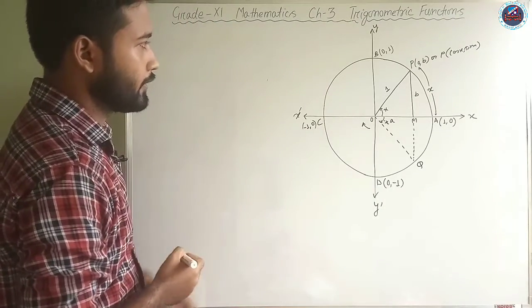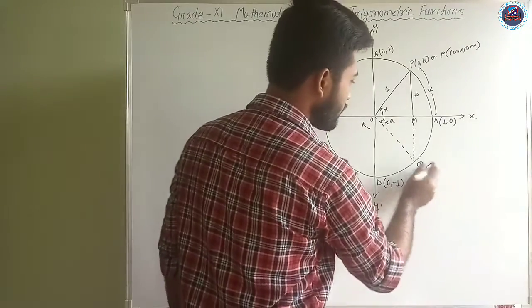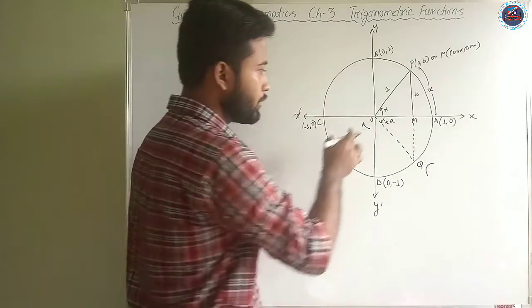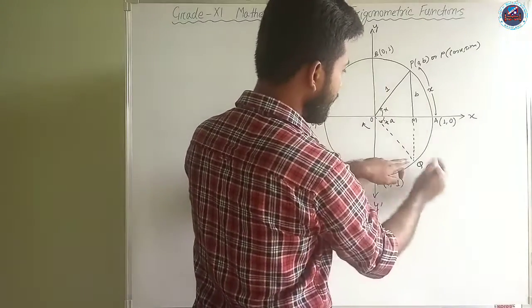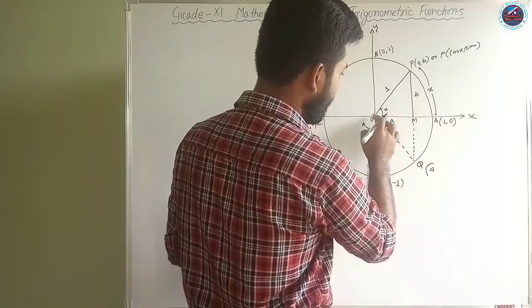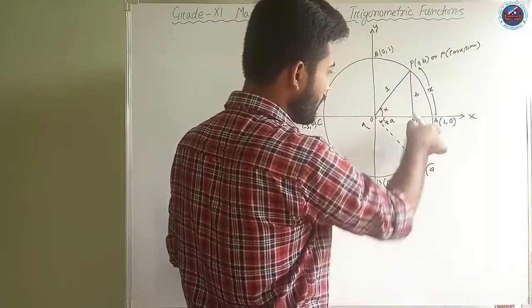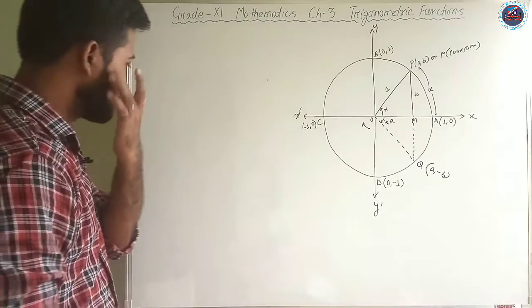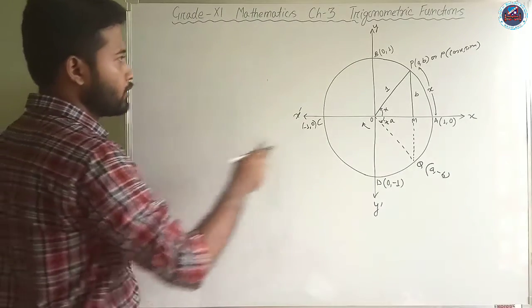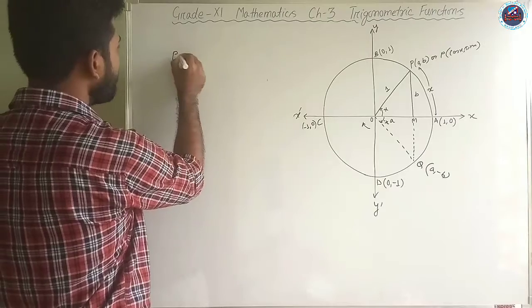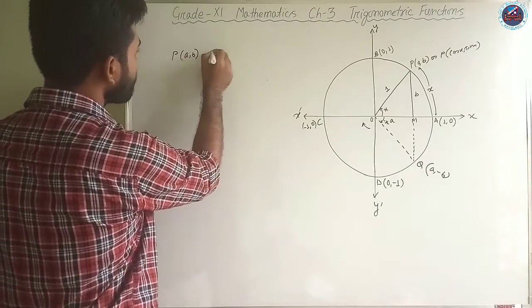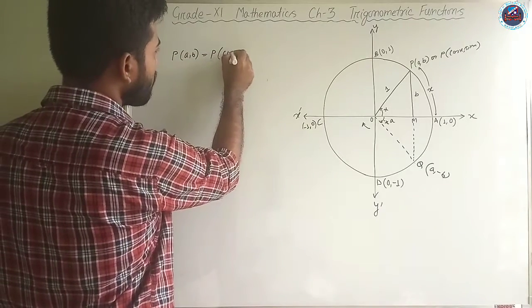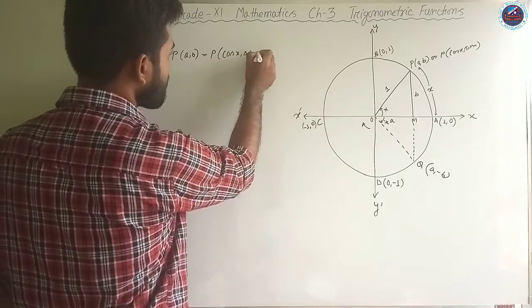Now what will be the coordinate of Q? Here we can see that the a will be the same, that is from here this distance will be the same. But what about b? It will be minus b now, negative b, because it is coming downwards. Now here we have got P of (a, b) is equal to P of (cos x, sin x).